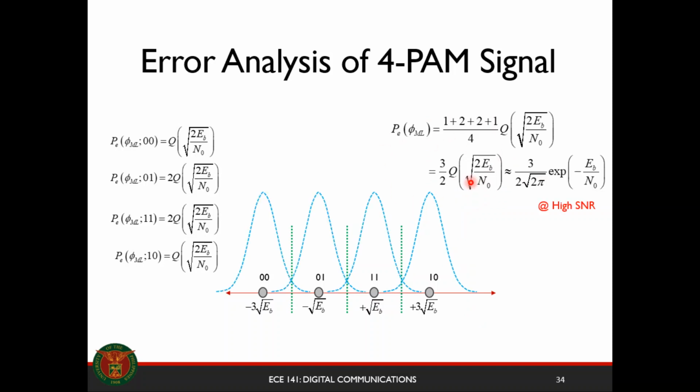So the total probability of error, assuming equiprobable symbols, is equal to (1 plus 2 plus 2 plus 1) divided by 4. 1 over 4 is the probability that symbol 0, 0 is sent, or 0, 1, or 1, 1, or 1, 0 is sent, multiplied by Q of the square root of 2EB over N naught. Which is basically this equation right here.